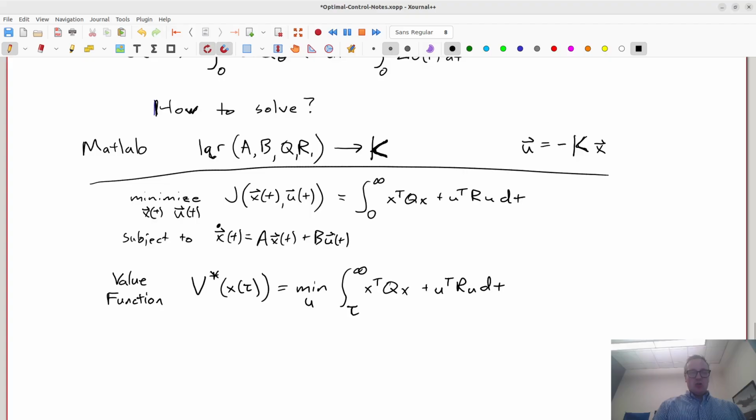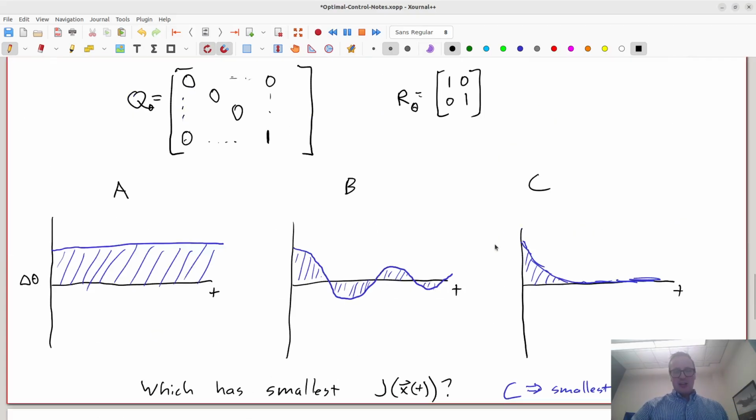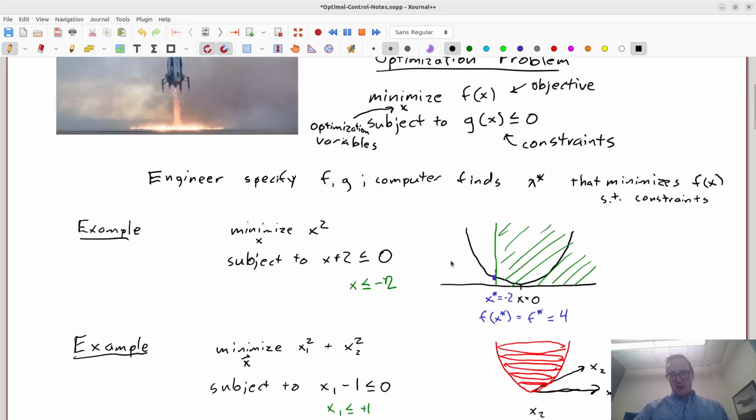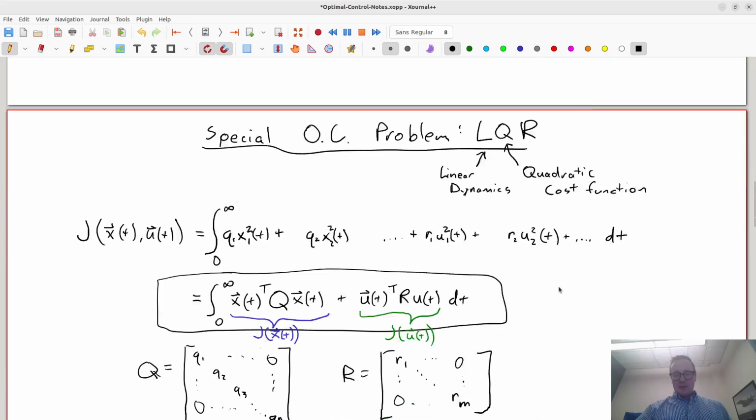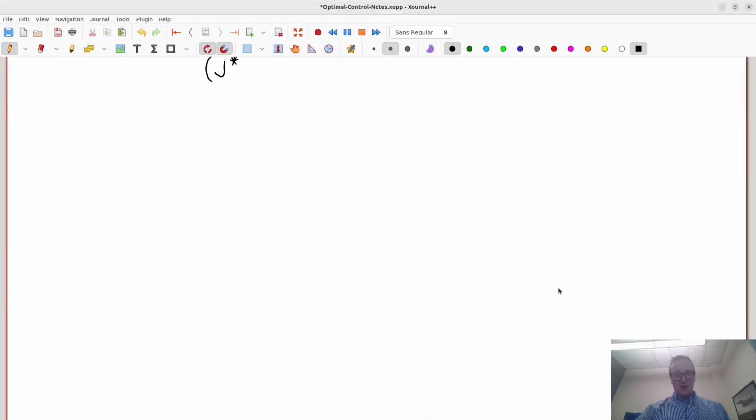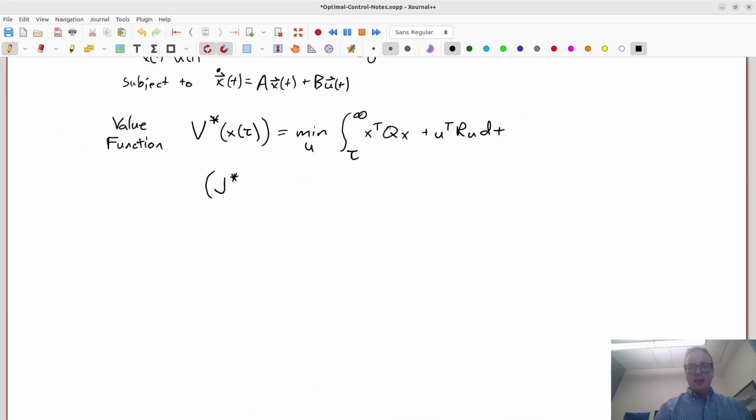How does this relate to J? So the optimal objective value for the entire problem of optimizing this trajectory is J star. Remember, I defined the objective starred up here to be just the value that the objective function takes at the optimal optimization variables. So J star is going to be this value function at x, the state at time 0.